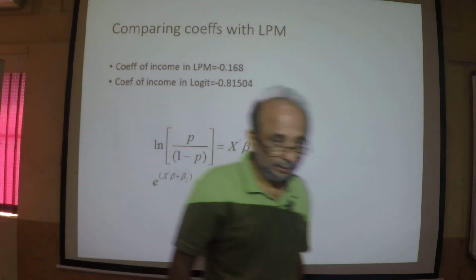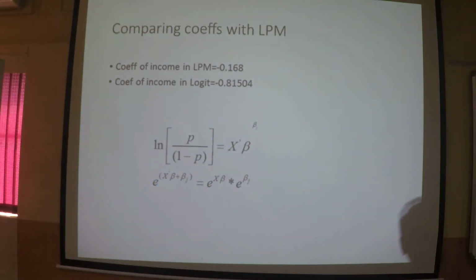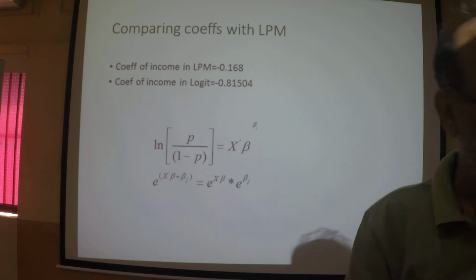Now, what is e raised to x dash beta? If this is the linear regression model, x dash beta, then e raised to x dash beta will be p upon 1 minus p. The odds ratio will be e raised to x dash beta.